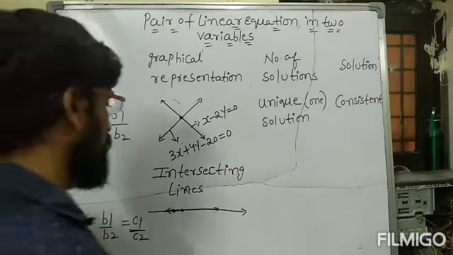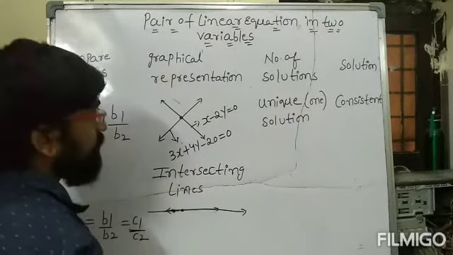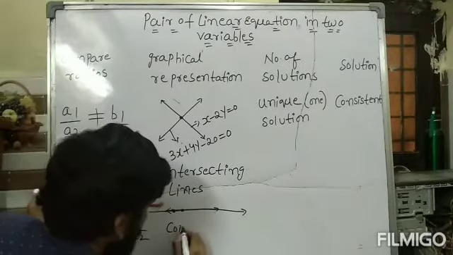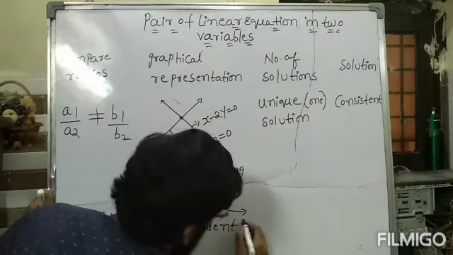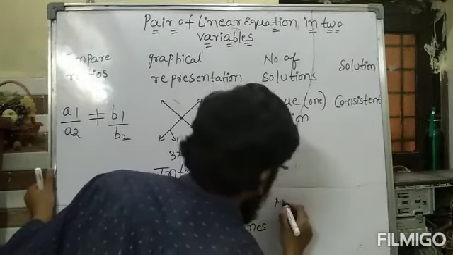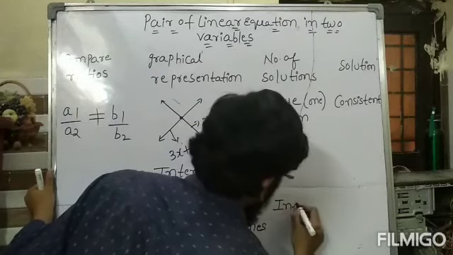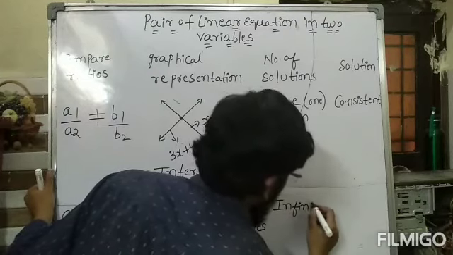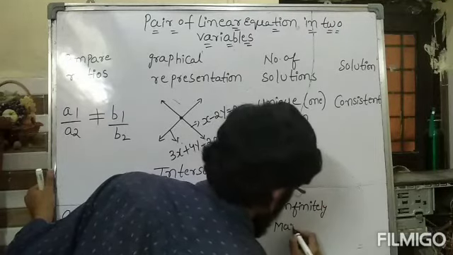So with infinite points, they are called coincident lines. The points are infinite. Infinitely many solutions.